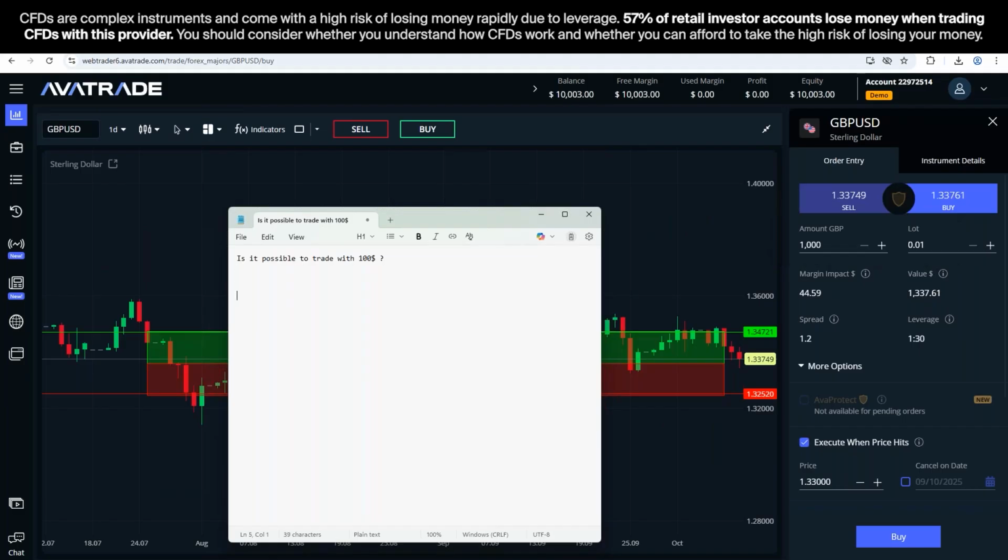How can I know if I can trade an instrument or not? We can see that the price here, the value here for pound, is 1.33761, and since the quantity we see here is 1,000, we go 1,000. So this is the value of currencies. This is how much pound there is in dollar.